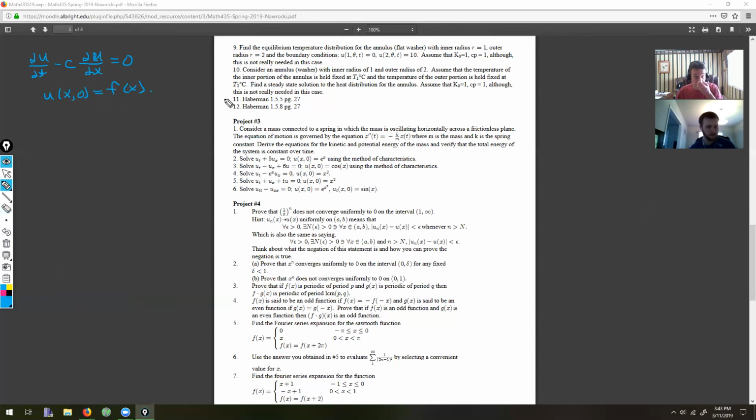So basically, number 2 is the exact same type of problem. If you follow through your notes, the negative C is a 5 and the F is an E to the X.